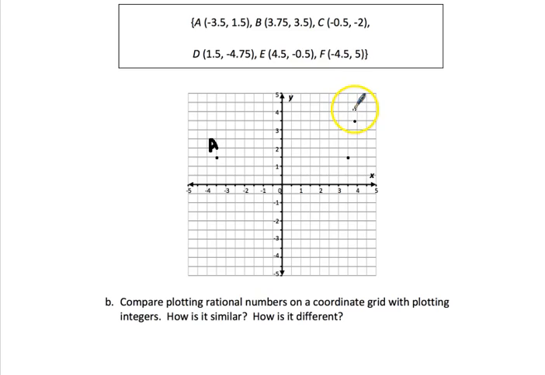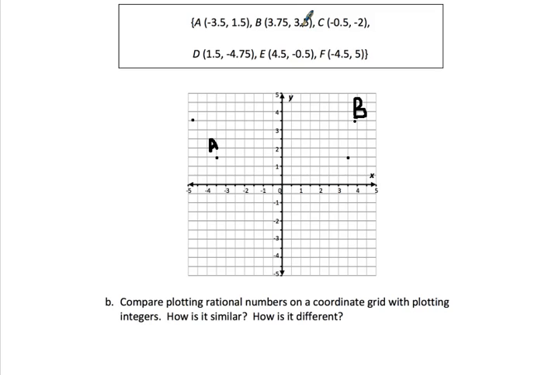And this is B. I want to reflect this over the y-axis. So again, y is not going to change, but x will. So now this is going to be -3 and 75/100. And there's my reflection.